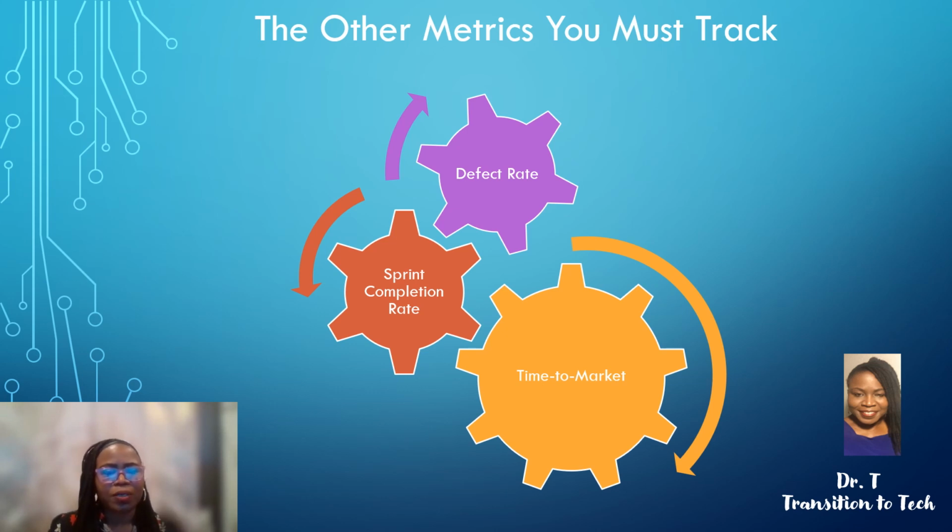And then the sprint completion rate is another metric. This is a rate of actuals versus what you committed to. Okay, so similar to what we talked about with the defect rate, but looking at it this way: you said you could do this number of items within the sprint. We've had our sprint planning.